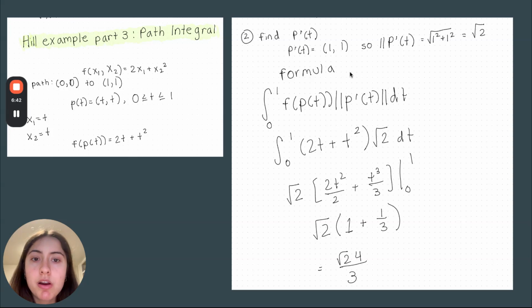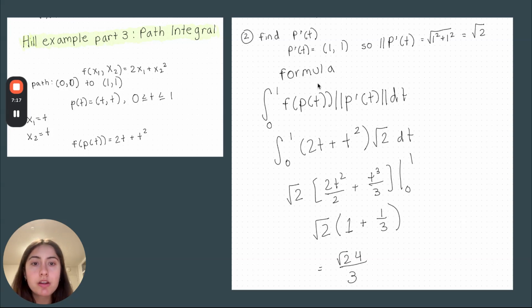The second part is to find p prime of t. p prime of t equals (1, 1) because the derivative of t equals 1, and t is for both the x1 and x2 positions. Then to find the norm of p prime of t, we take the square root of 1 squared plus 1 squared, resulting in the square root of 2.